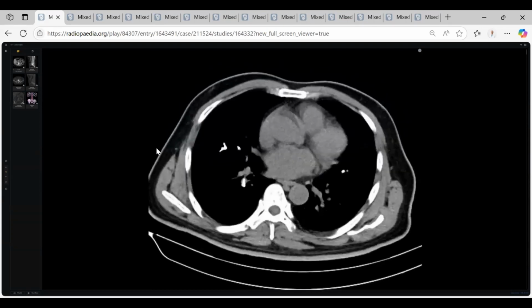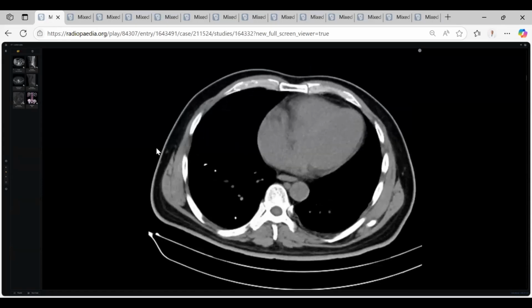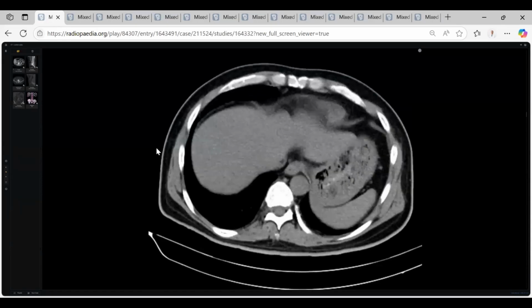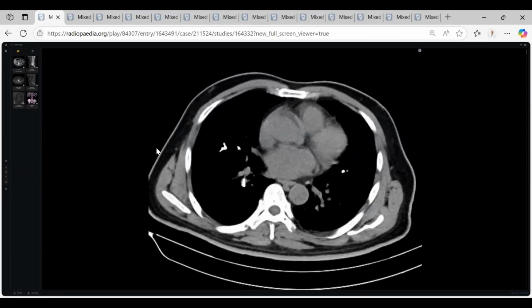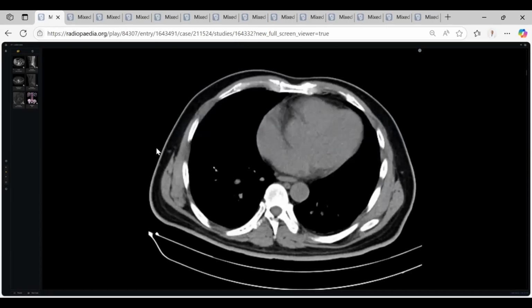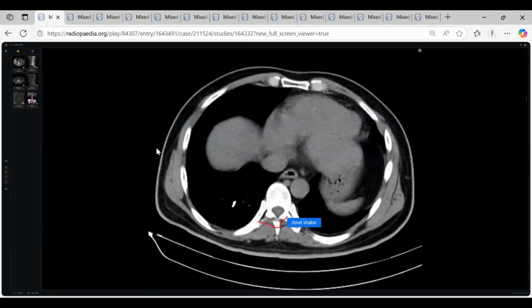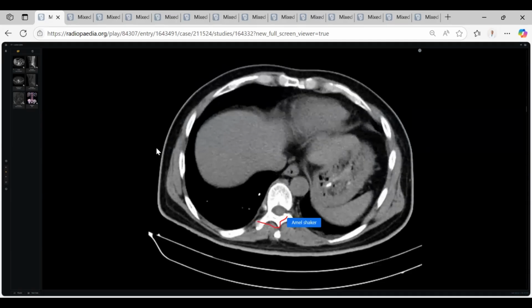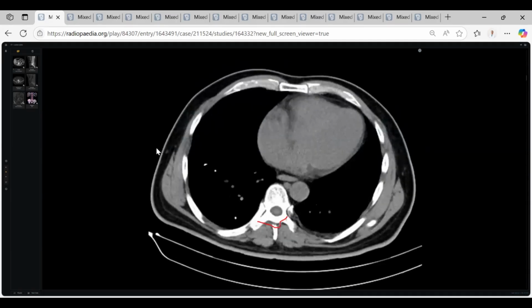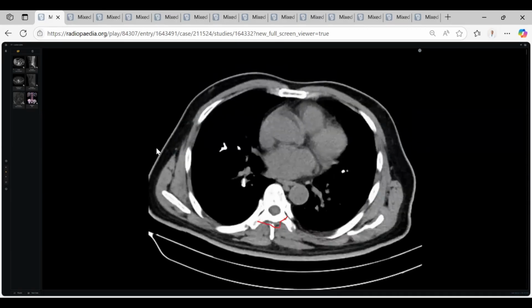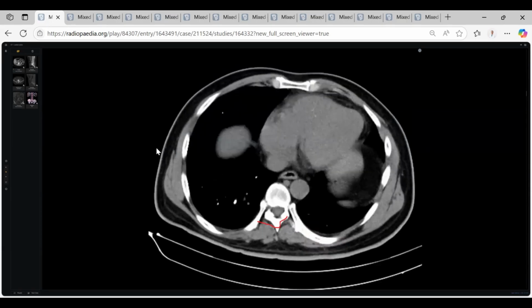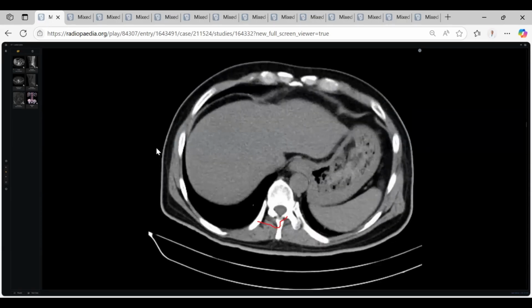Also some calcification around the pulmonary vessels, the segmental branches. It's not in the main, but the segmental branches show calcification. Why is this a unilateral calcification? It is almost on the right side.